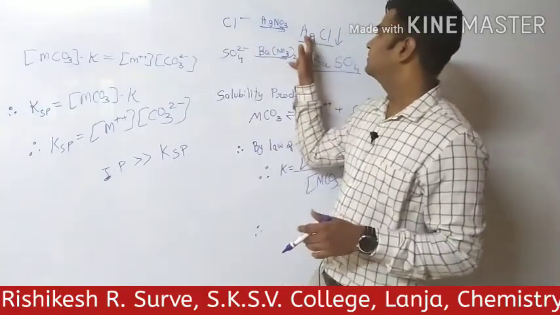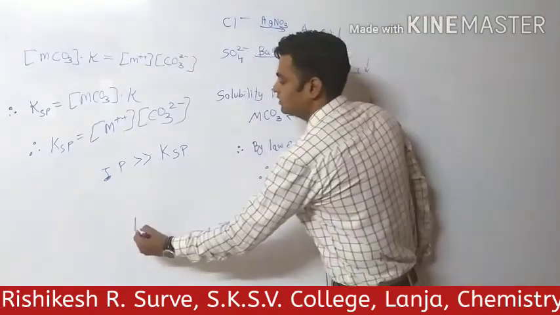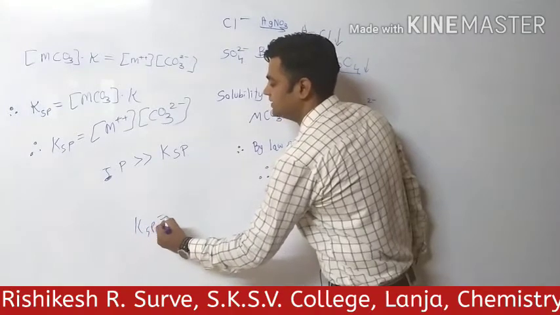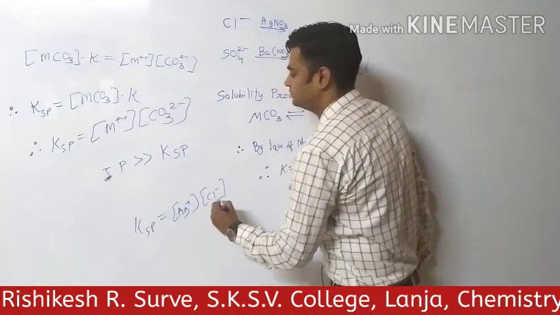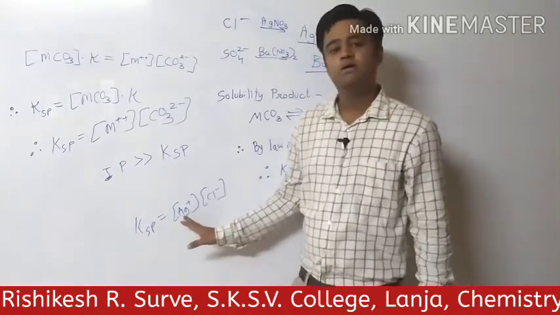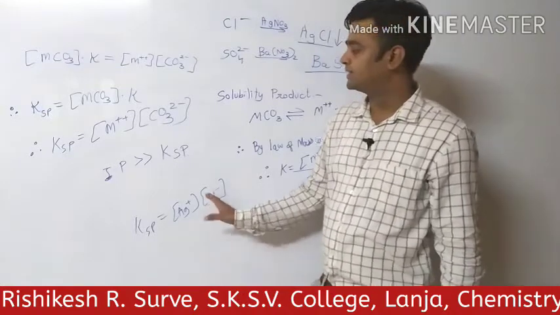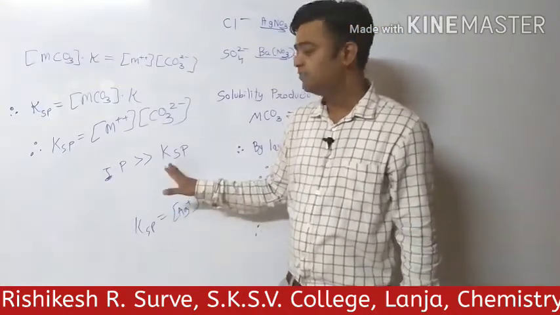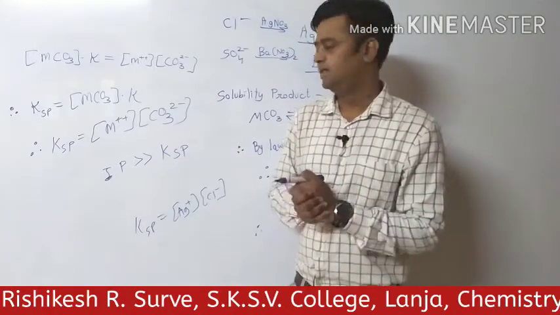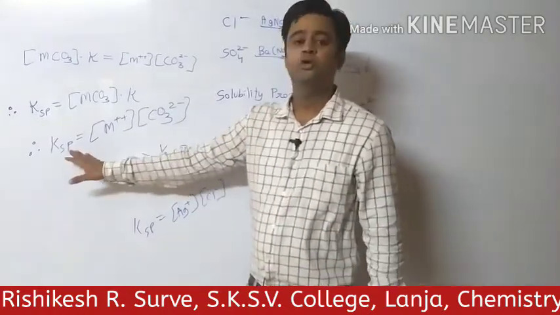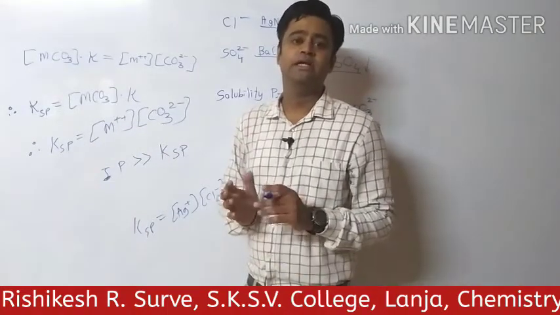But if suppose the multiplication of these two terms, that is, KSP of AgCl is Ag plus and Cl minus, does not exceed its KSP value, we won't get a precipitate, and therefore the solubility product plays an important role in a precipitation equilibrium.